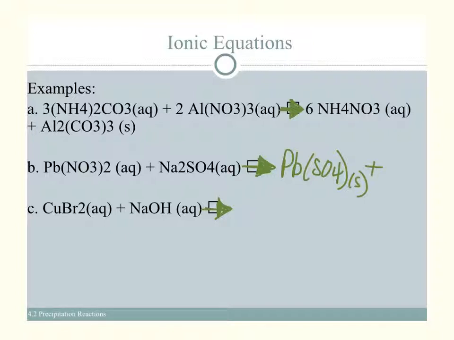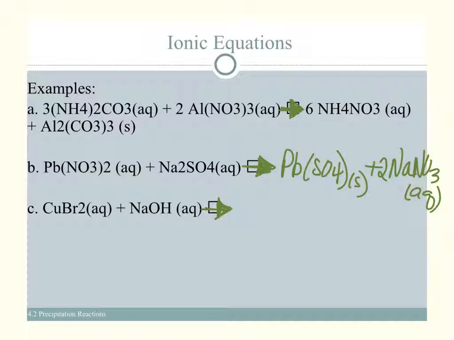And we also have NaNO3, which is going to be aqueous under 2 rules, the Na rule and the NO3 rule, which are all soluble, no exceptions. We have to balance this one, so we have 2 NO3s, 2 Nas, everything else is good.